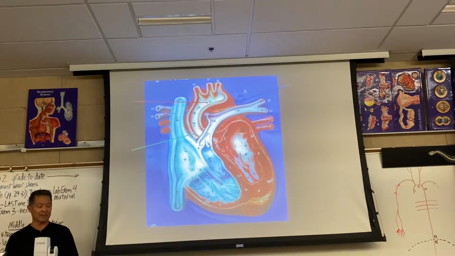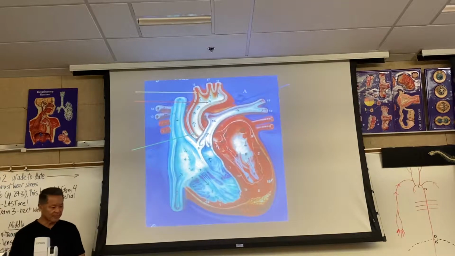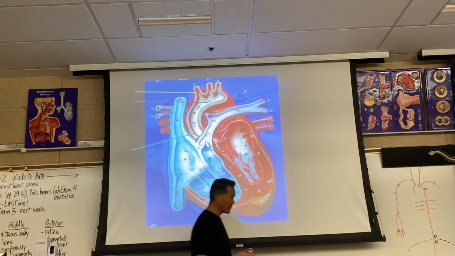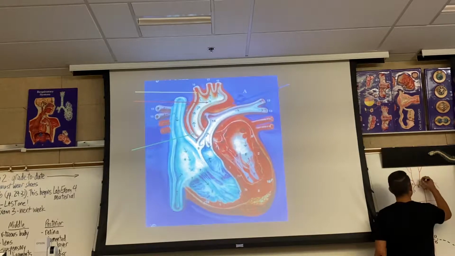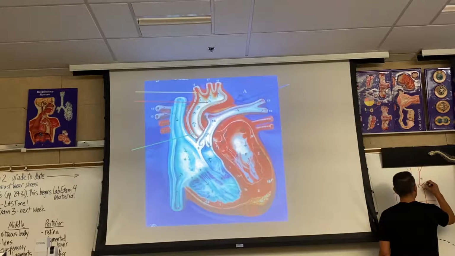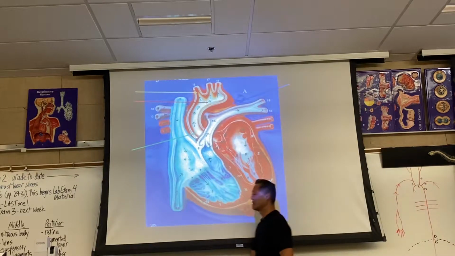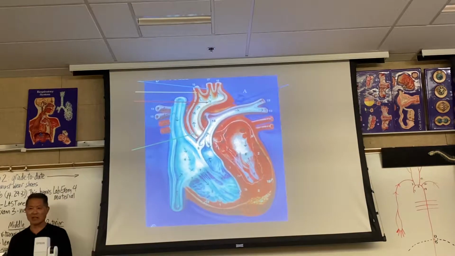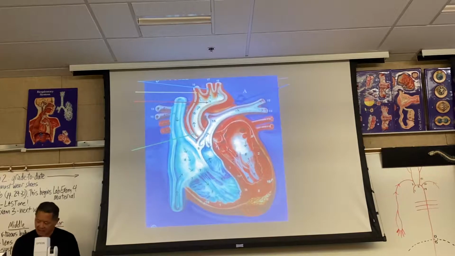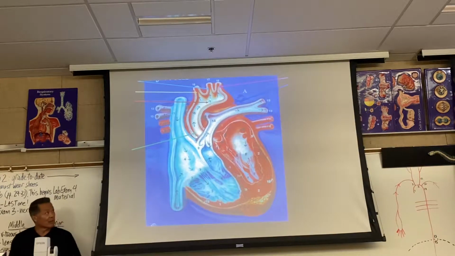In order, the 3 branches that come off the aortic arch are brachiocephalic trunk, number 3, left common carotid artery in light blue, left subclavian artery in purple.